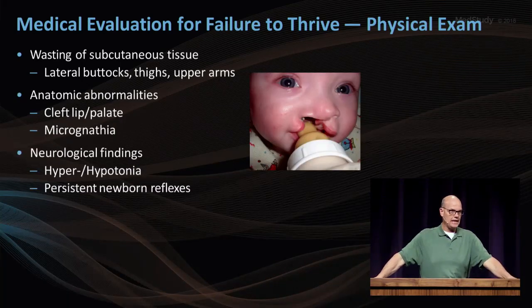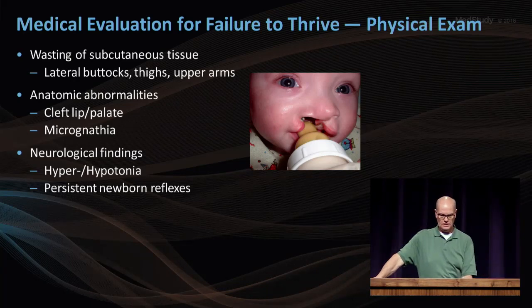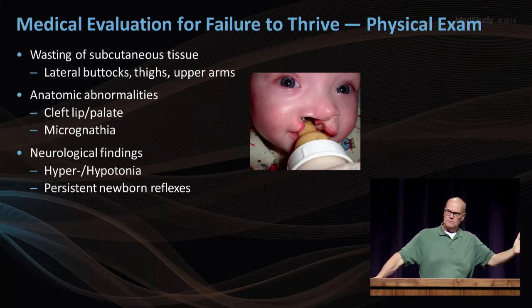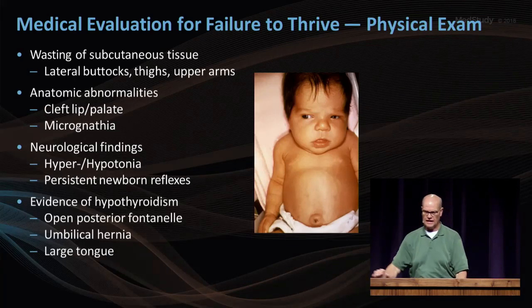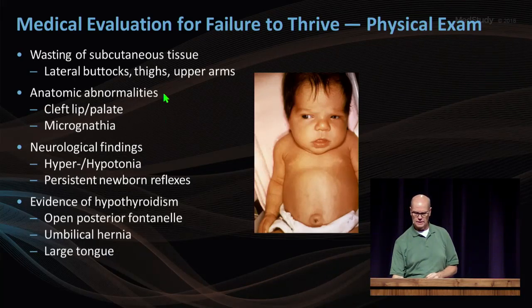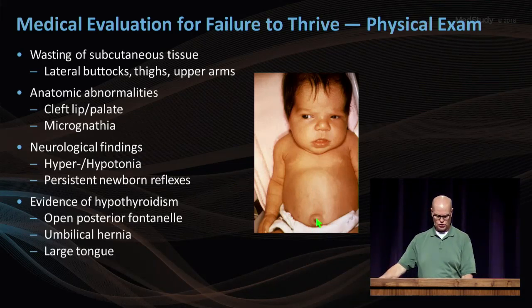Certainly any anatomic abnormality that makes it difficult to feed, or any neurologic findings that suggest for example, prenatal event, say hypoxia due to placental insufficiency, or a postnatal event, a difficult delivery, cord around the neck, and a hypoxic event there, bringing about neurologic findings on your exam. And then again, any evidence of hypothyroidism, again, prolonged jaundice and umbilical hernia.